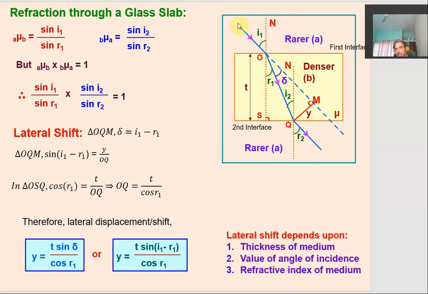So whenever the light ray enters the glass at this interface, this is the first surface at which refraction will take place, because at this interface the medium changes.